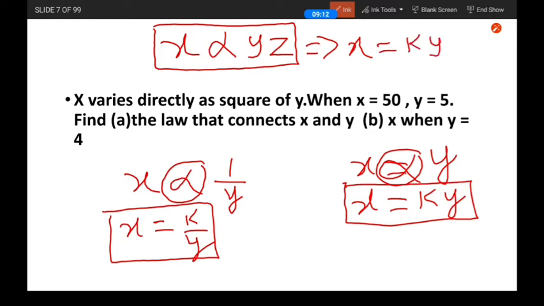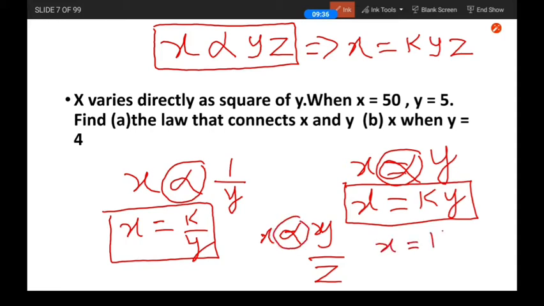K, y, z. I can equally have joint this way. X varies directly as y and inversely as z. So this is also joint. It comprises both direct and inverse. So we can have x equals, to remove the sign of proportionality, k y over z.